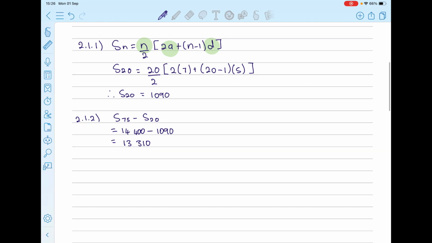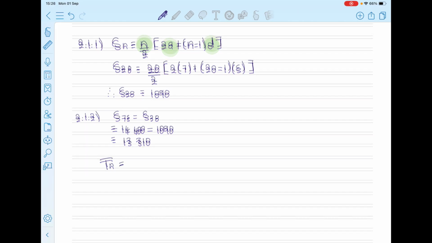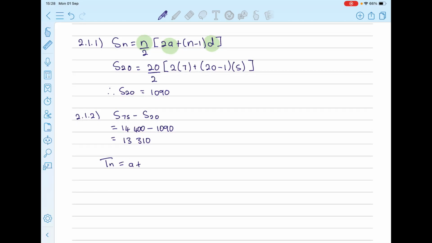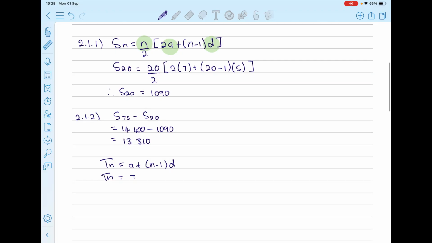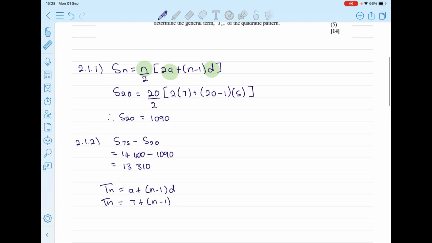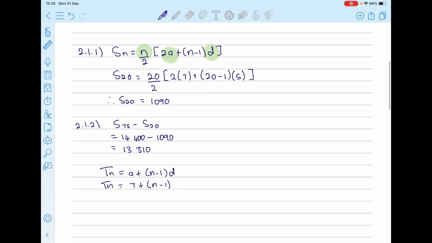So the general term of an arithmetic sequence, a plus n minus 1 d. So we're just getting the general term. We won't substitute for n. A is 7, and then n minus 1, and d was 5.